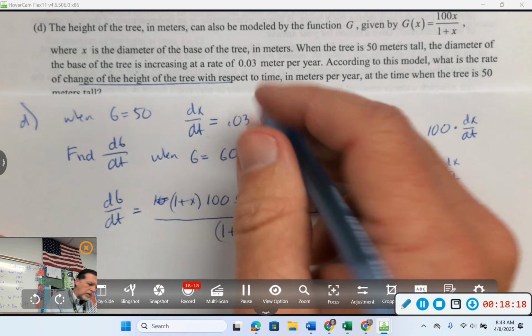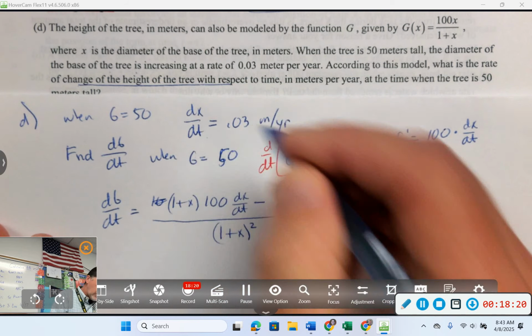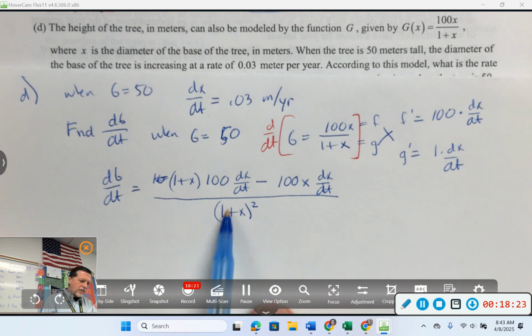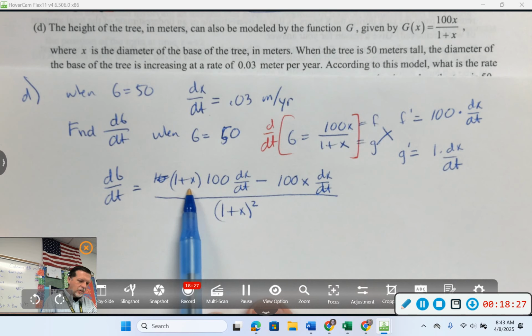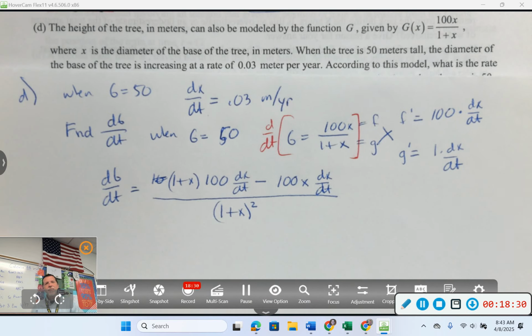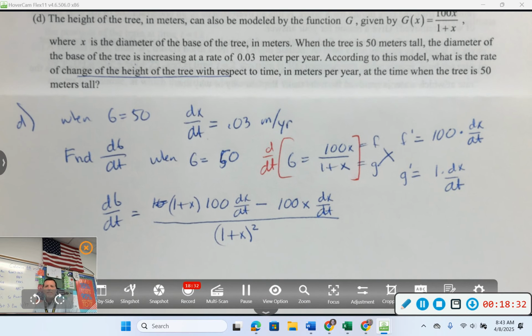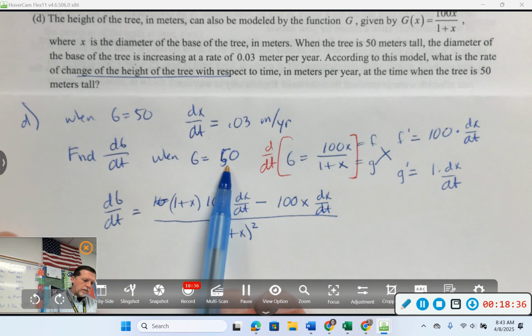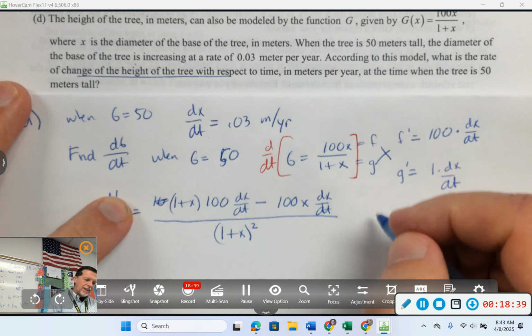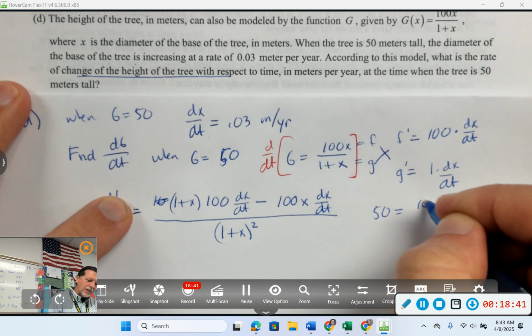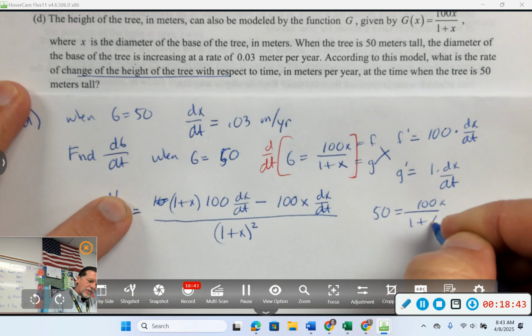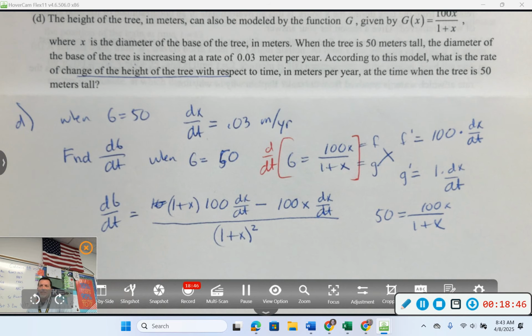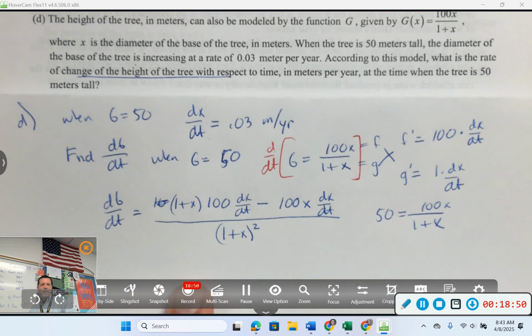And the tree is 50 meters tall, not 60 meters tall. So that's G is 50. I don't have X. I need X, though. How am I going to find X? Yeah, they're forcing me to do some more algebra here. So I've got to find what x is, and then I can plug that into all this mess.